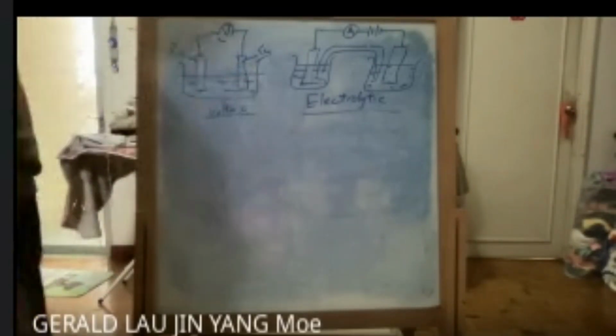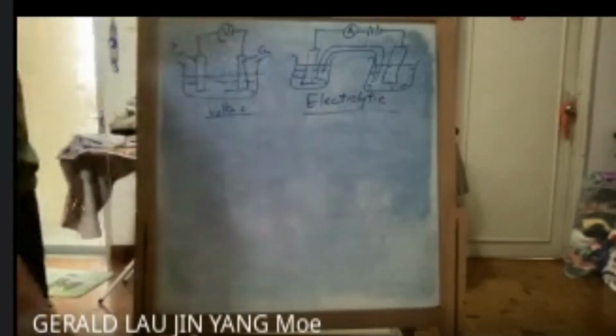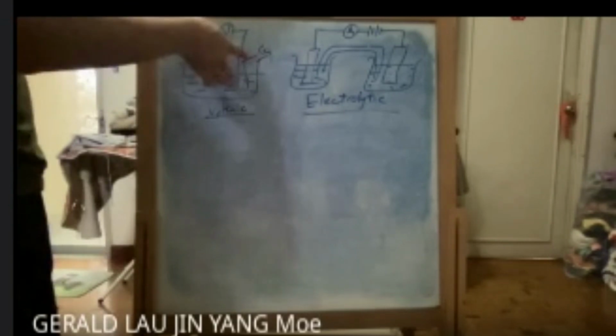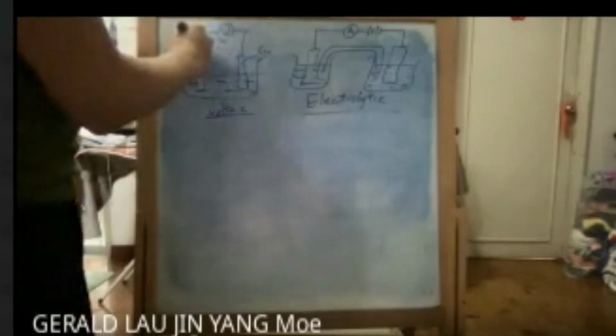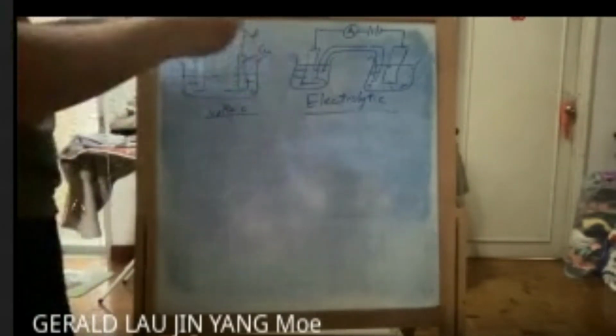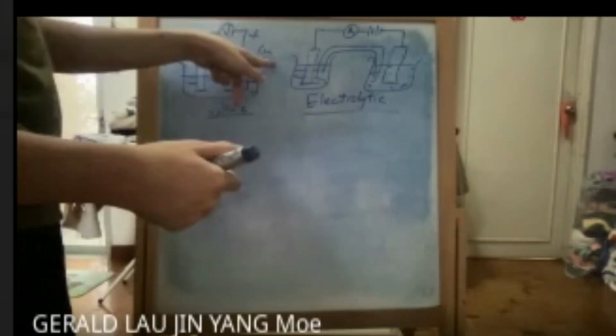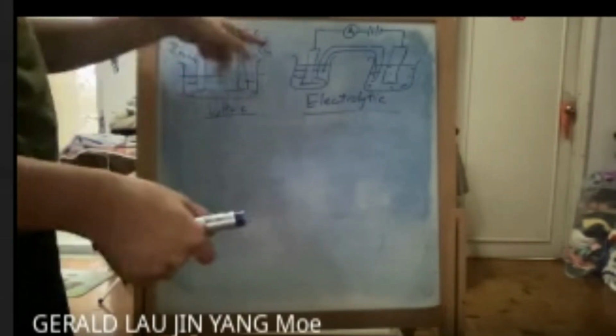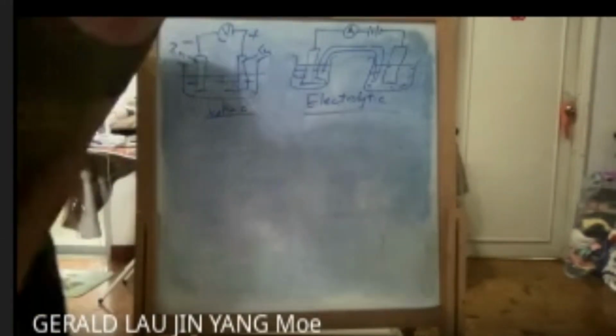Where is the battery? We will look at the metals. Compare the metals. Which one has an electrode potential value more negative? Zinc has a more negative value. So this is the anode. This is the cathode. Okay. Copper has a more positive value. So it's the cathode. Can you understand?